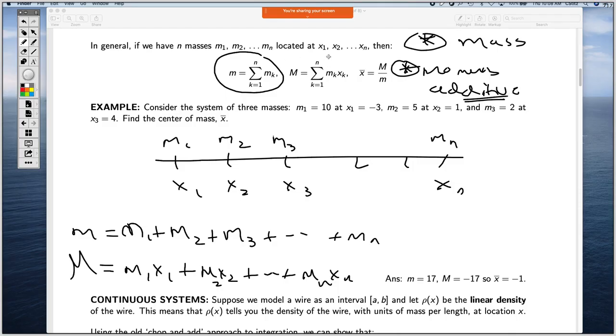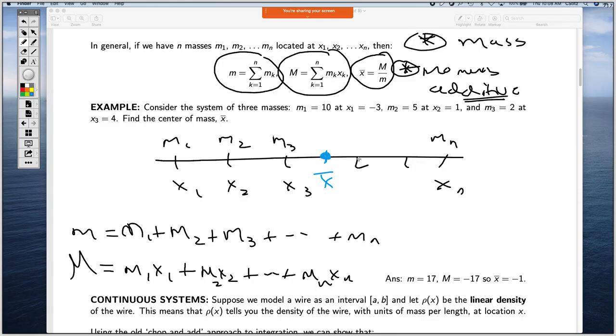So that's your total mass. And then that would be the sigma notation for your total moment. And then, of course, to get your x bar, your center of mass, you take the total moment divided by the total mass. And what that center of mass is, so let's say you work through the calculations, and let's say your x bar is here. Let's say that's where it works out to be.